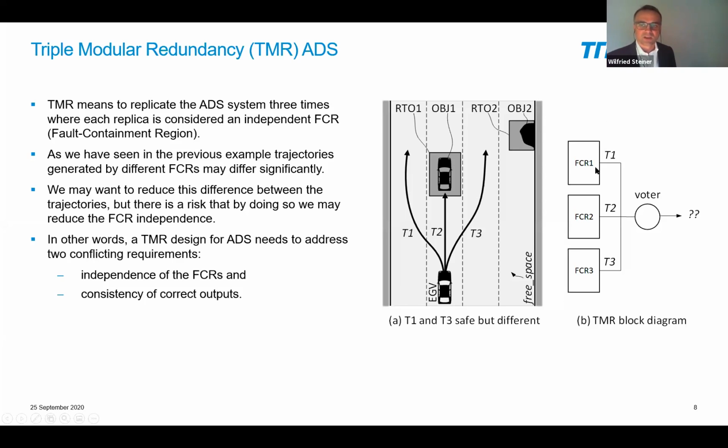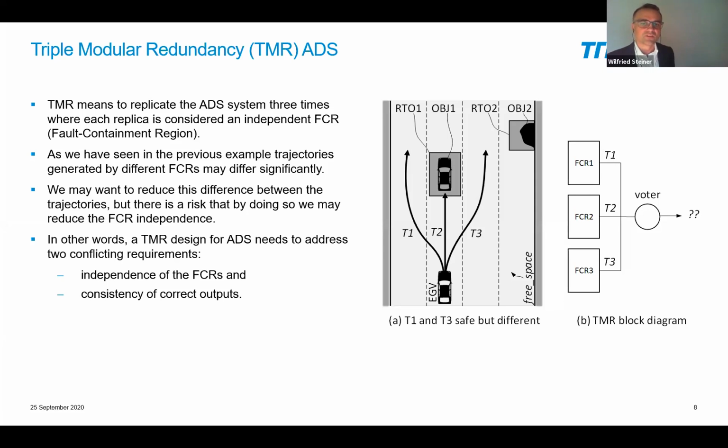And you have a voter that will take the outputs of the fault containment regions and decide if 2 of the trajectories are consistent, 2 of the trajectories are kind of the same. It will then use or propose this trajectory for the car. But then, as we have just seen on the previous slides, there is a big issue.